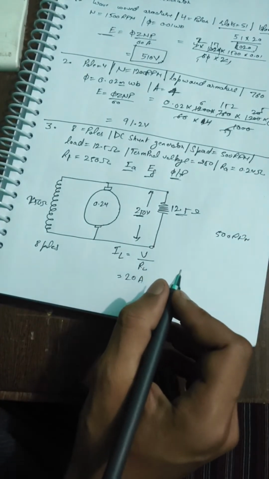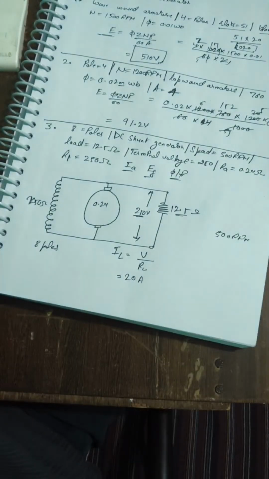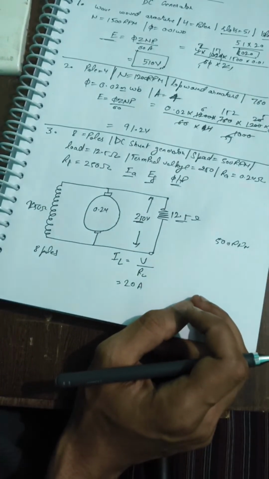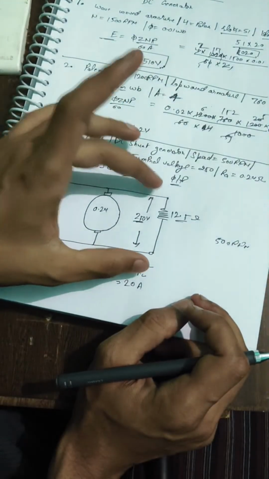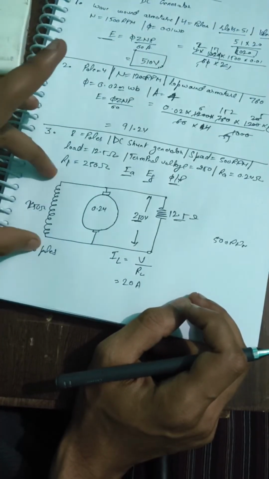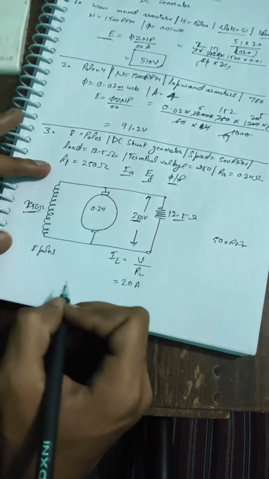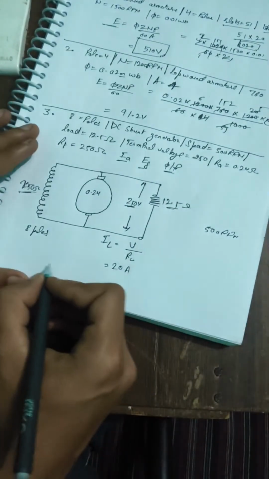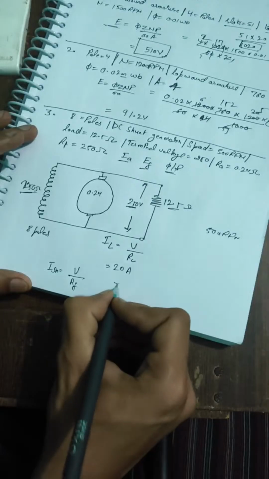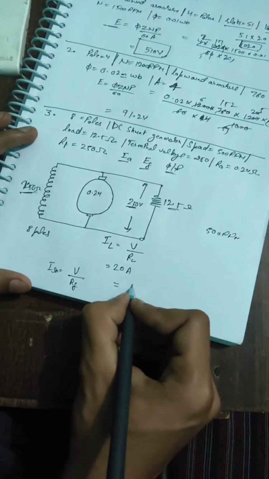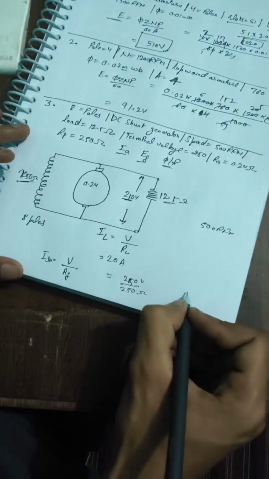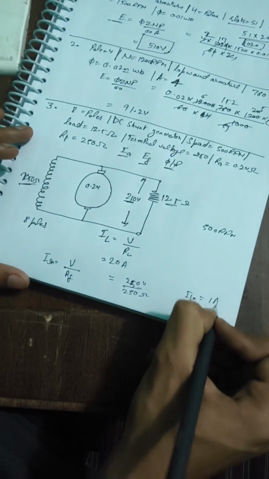Now we know that the voltage is the same when connected in parallel. Here it is 250 volt, so there is also 250 volt across the field, which has resistance 250 ohm. So ISH is equal to terminal voltage upon RF, which is 250 volt upon 250 ohm. So ISH equals 1 ampere.